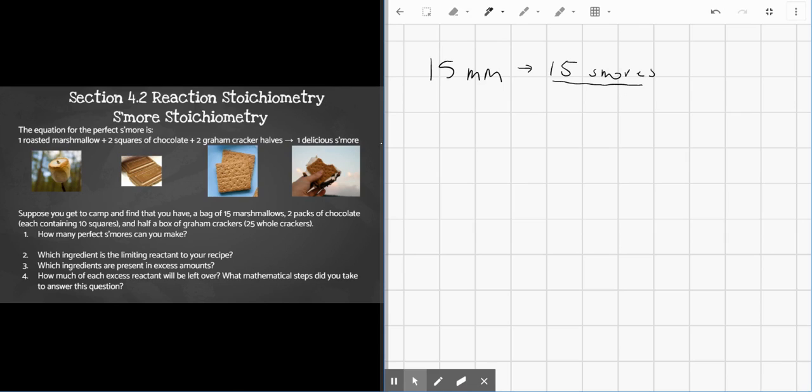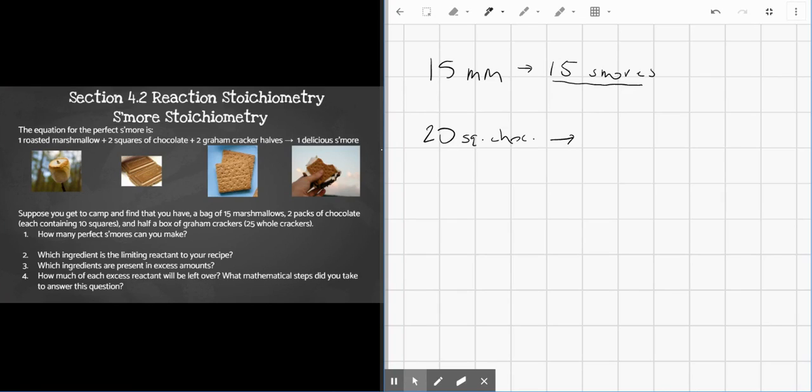Okay, so for the second one, I have 2 packs of chocolate, and they each have 10 squares. That's a total of 20 squares of chocolate. And we would use the ratio of 2:1, meaning I need 2 of these.